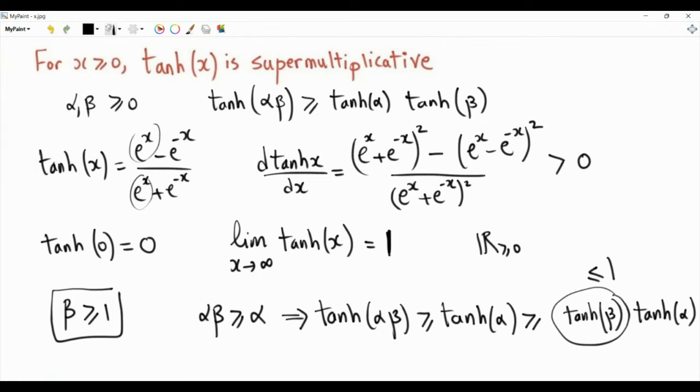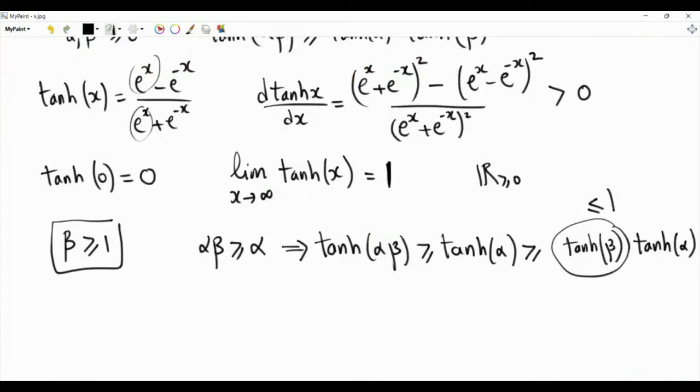So tanh of alpha will be greater than or equal to tanh of alpha times tanh of beta. And so if beta is greater than or equal to 1, we have established the inequality that tanh of the product, tanh of alpha times beta, is greater than or equal to the product of tanh of alpha and tanh of beta.